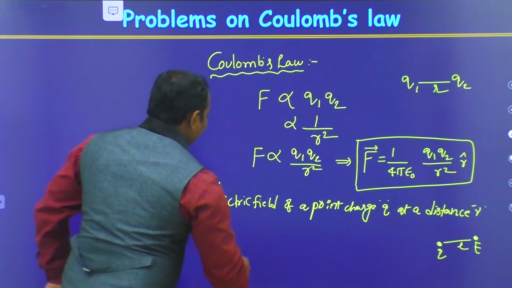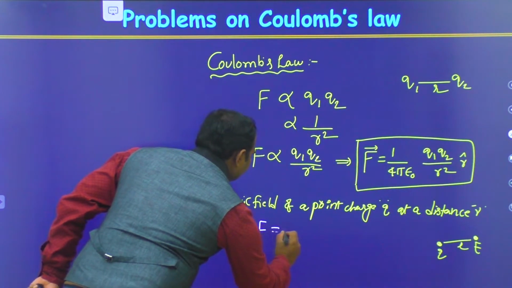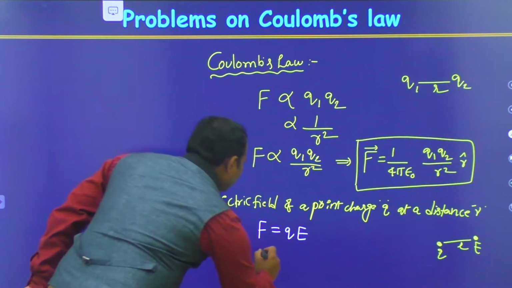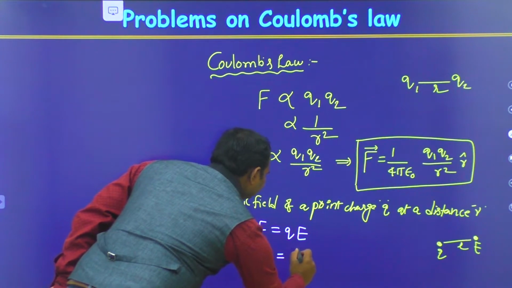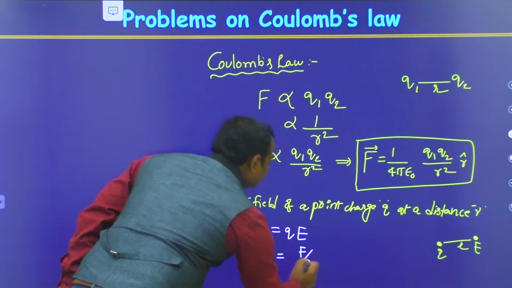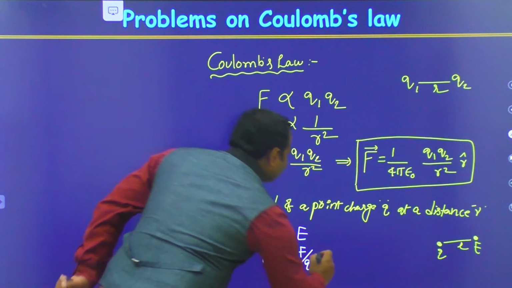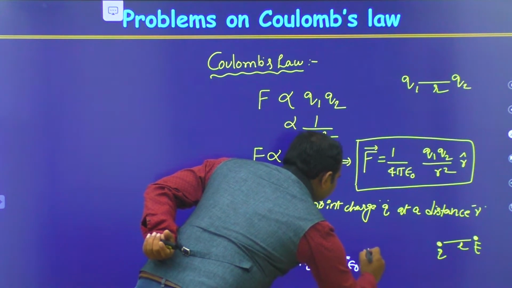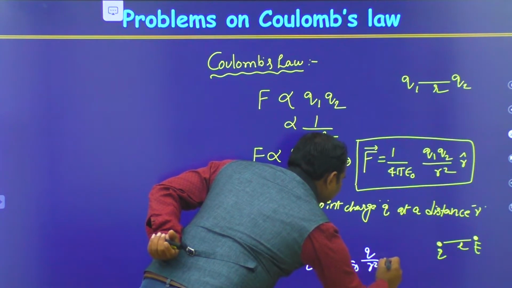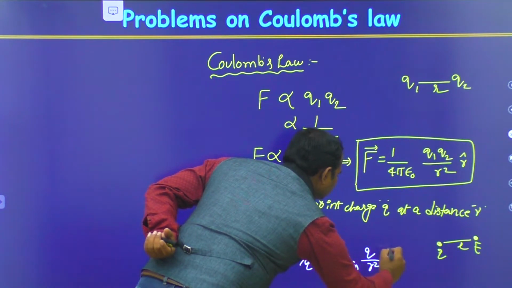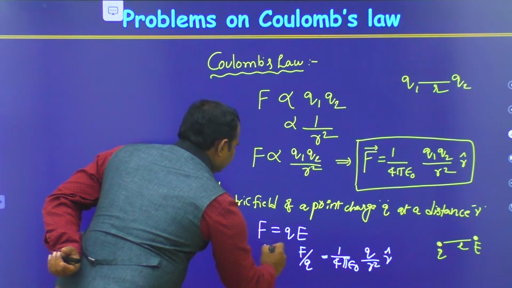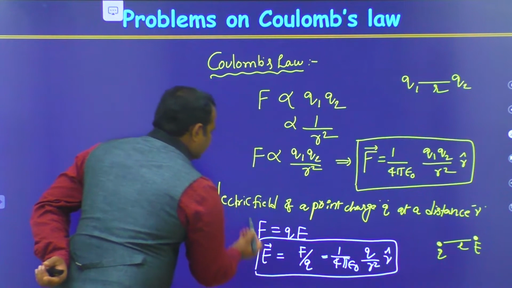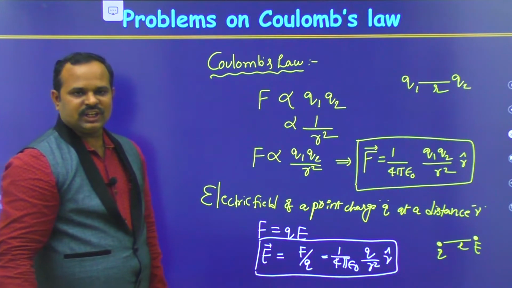That means F is equal to qE, so E is equal to F by q. That means the electric field is equal to 1 by 4 pi epsilon naught q by r square r cap. This is also a vector quantity, so we write r cap. This is the electric field intensity equation.